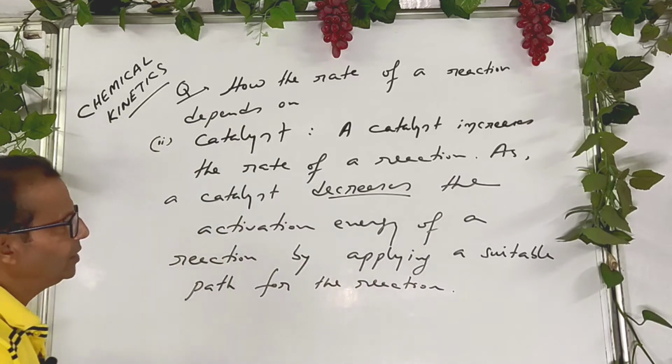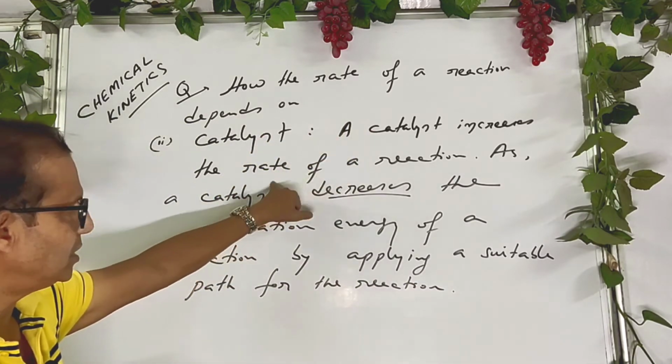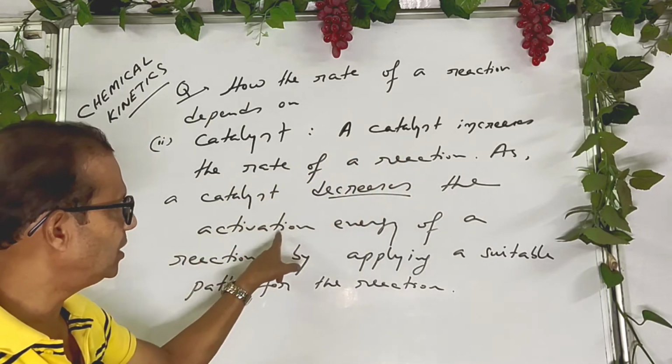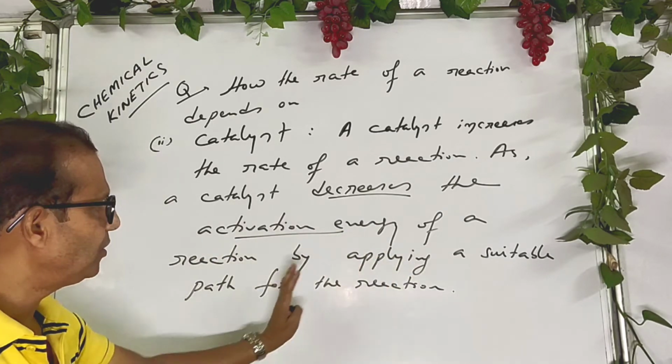So listen, understand it. So you see that a catalyst generally increases the rate of a reaction as a catalyst decreases the activation energy of a reaction by applying a suitable path for the reaction.